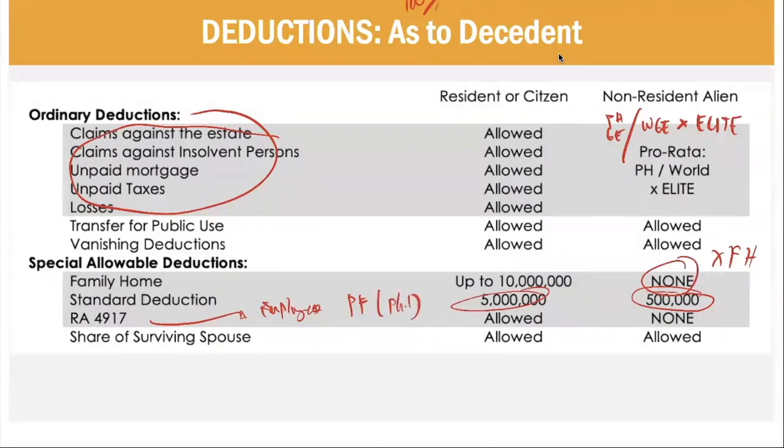Therefore, since this is a non-resident alien, it is unlikely for them to have RA 4917 or a retirement benefit from a Philippine company. And share of surviving spouse, they are both allowed. Okay? Take note of the rules on your deductions depending on whether the decedent is a resident or citizen, or is considered a non-resident alien.